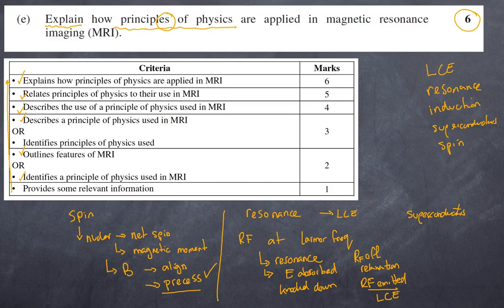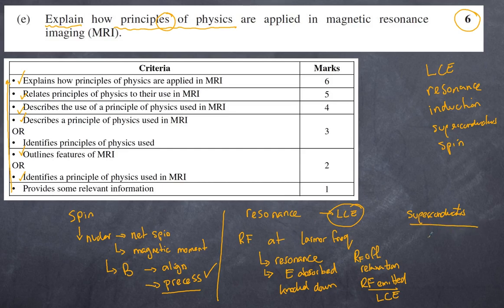So now what I've done is I've tied in the principle of law of conservation of energy and said, well, hold on, if I excite or place my hydrogen nuclei at a high energy state, remember this is due to the fact of resonance, then they're going to release that energy in terms of radio frequency of the same value, because that is consistent with the law of conservation of energy. I've now explained law of conservation of energy in the context of MRI. So there's 1, there's 2, there's 3 principles I've now explained.